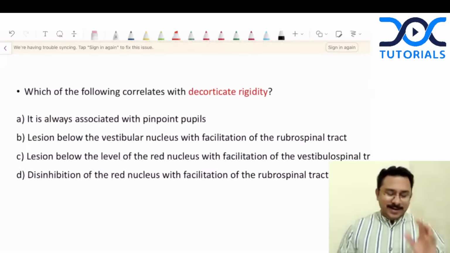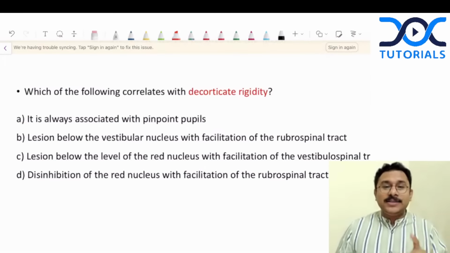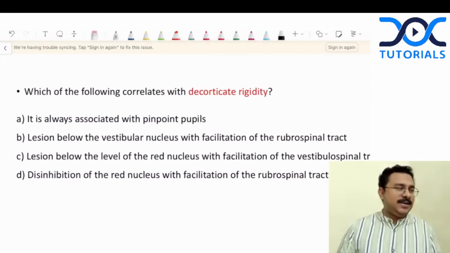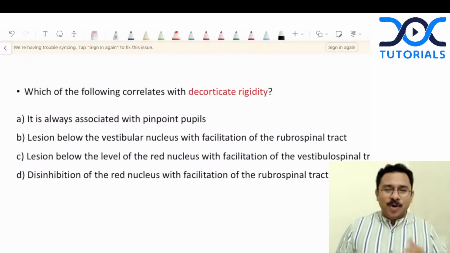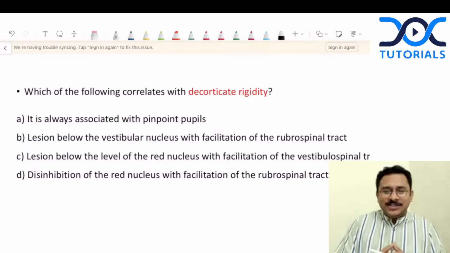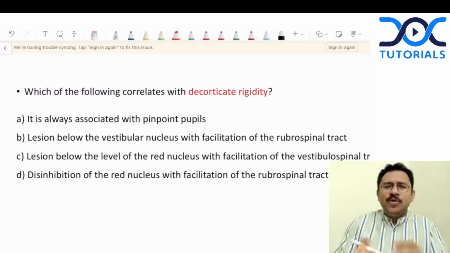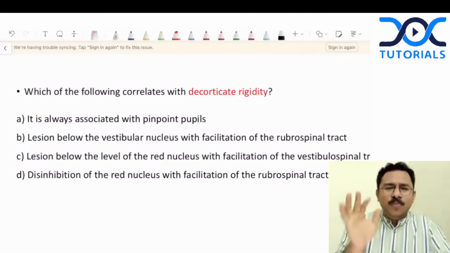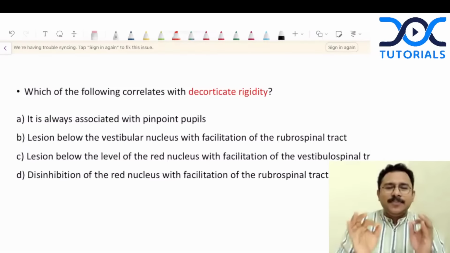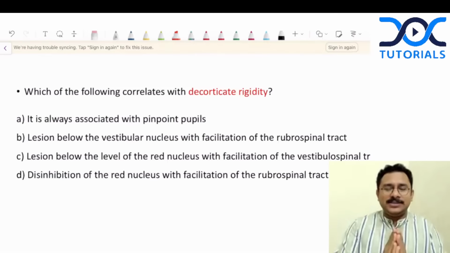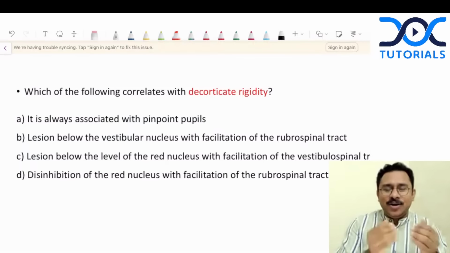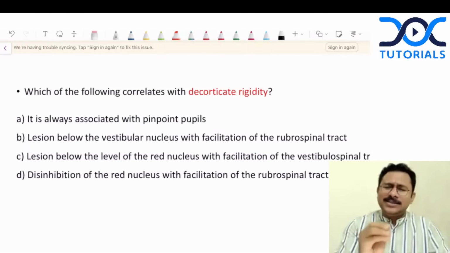Okay, right. Which of the following correlates with decorticate rigidity? Decorticate rigidity. Okay. So options you can see on screen. And I am going to tell you in the next 2 minutes some important points of difference in decorticate and decerebrate. Simple, no?